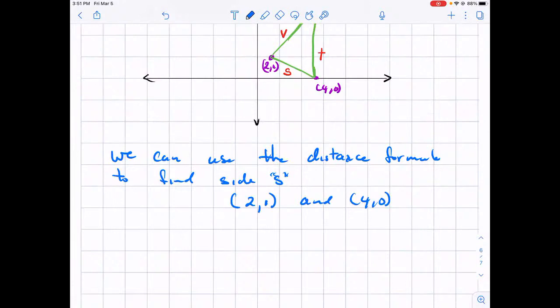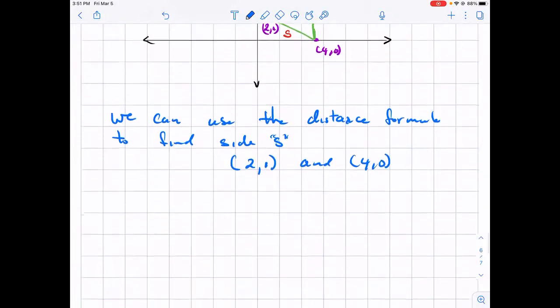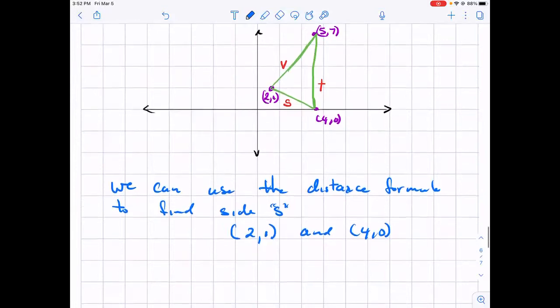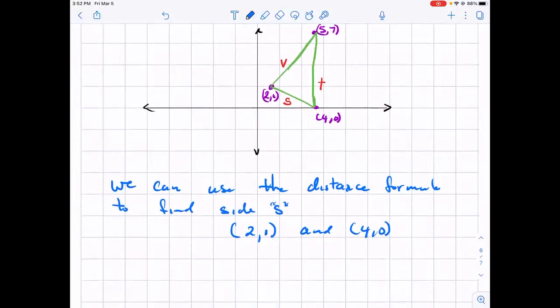If we didn't want to call this S, we could call it some distance D1 also, right?